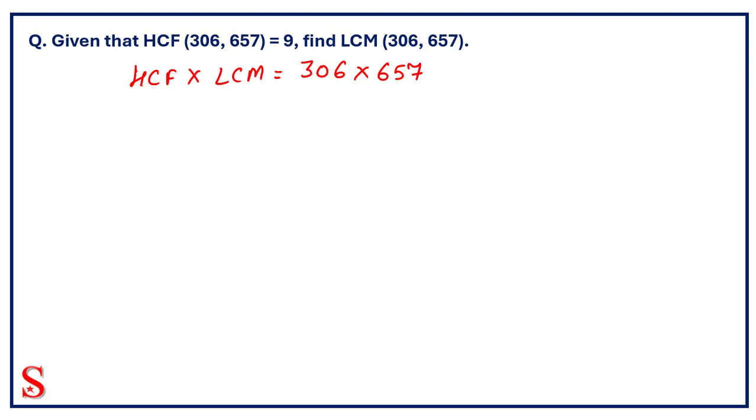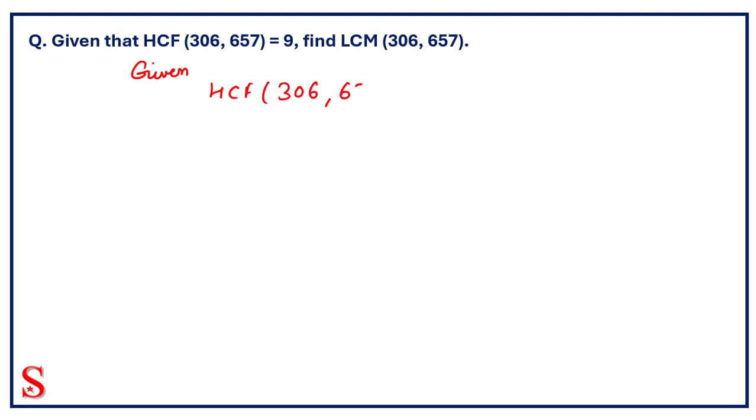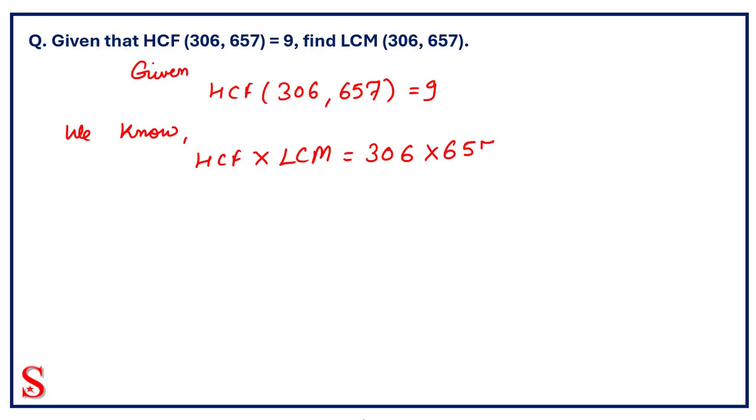So here we are given the HCF. First of all we'll write what is the given value. Given HCF of 306 and 657, which is 9, and we already have the formula, which is HCF multiply LCM equals the product of the given numbers. So we'll write here, we know HCF multiply LCM equals the product of the given numbers, which is 306 multiply 657.